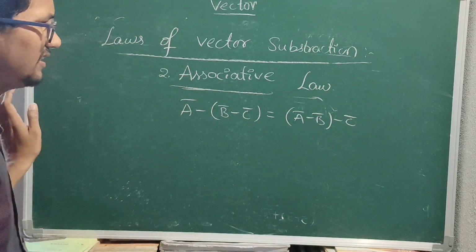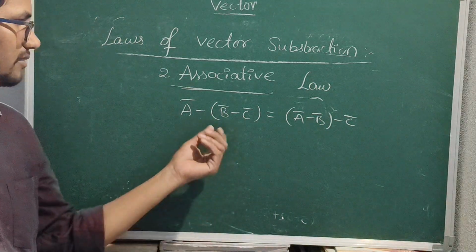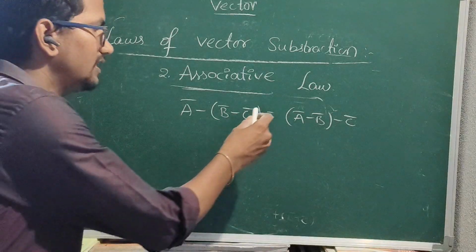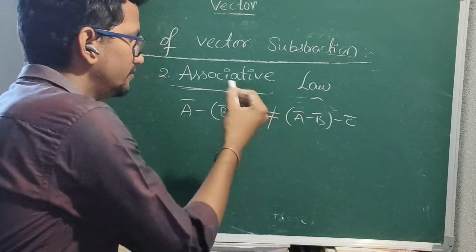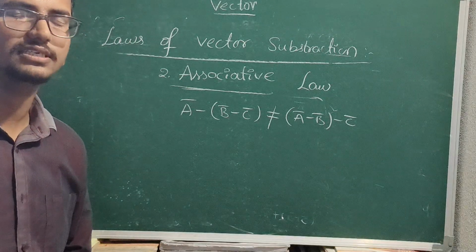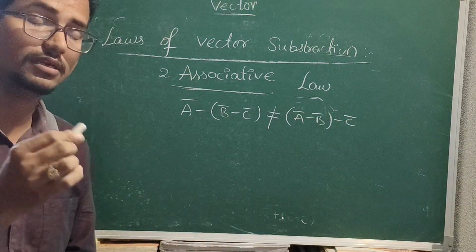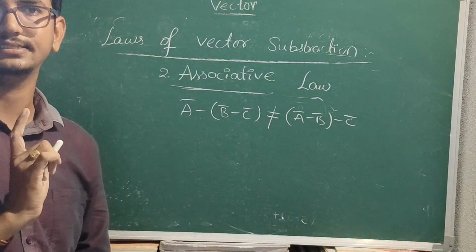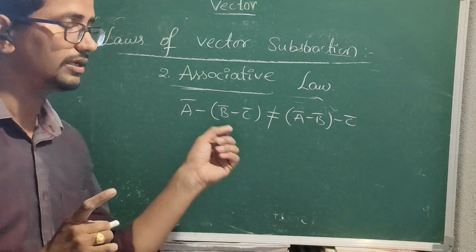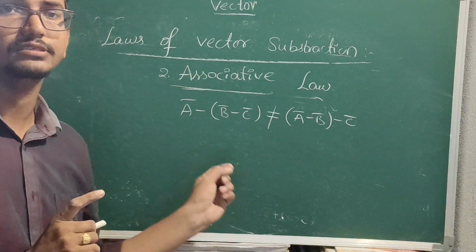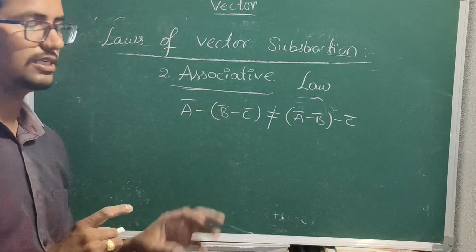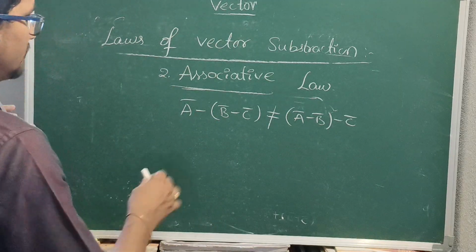Is there any proof? Is there? Nothing happened. Directly we can see it is not the correct way; it does not obey the associative law, it does not obey the law of vector subtraction. But the law of vector addition can be obeyed. That's very important. For IIT and NEET examinations, they also ask some questions based on this type of question.